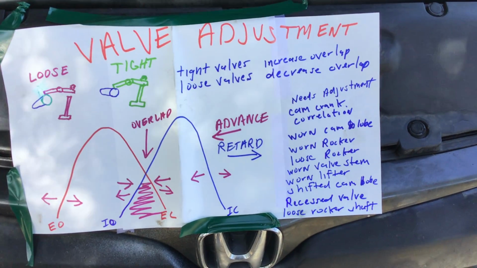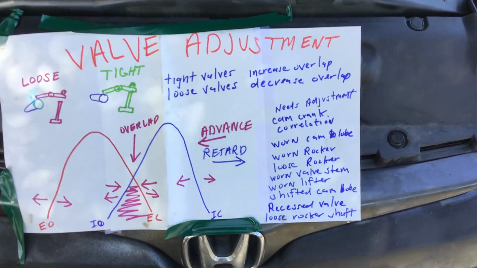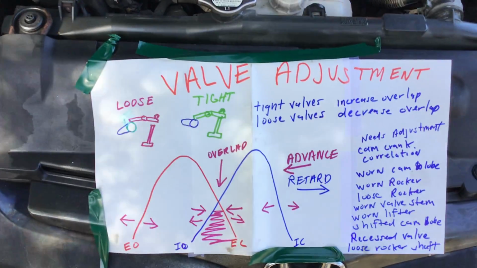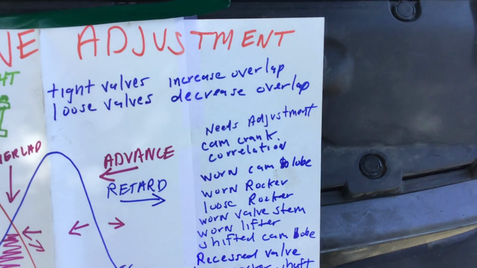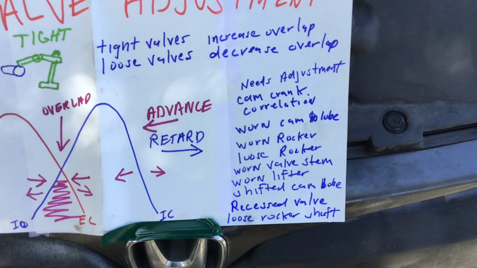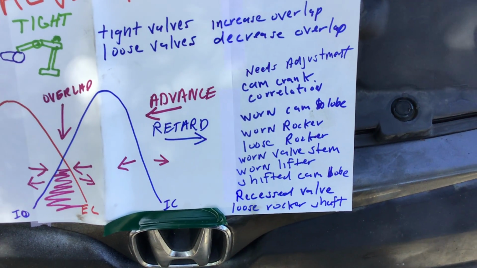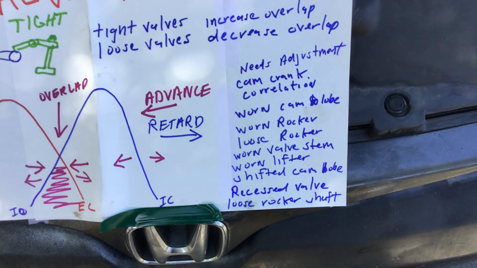Just want to talk about so many things that affect valve overlap and when valves open and close, not just the fact that the car may need a valve adjustment. Take a look at the list right here. It may need adjustments, a cam to crank correlation, a worn cam lobe, a worn rocker, a loose rocker, a worn valve stem, a worn lifter, a shifted cam lobe.